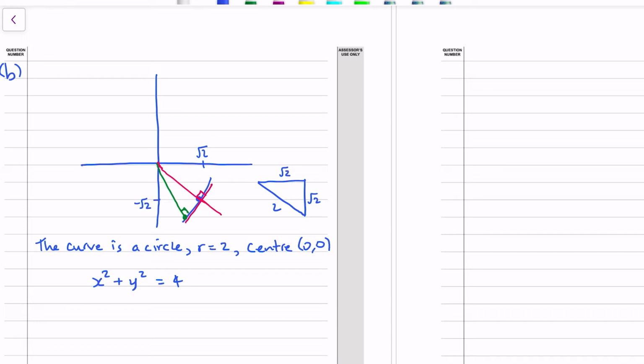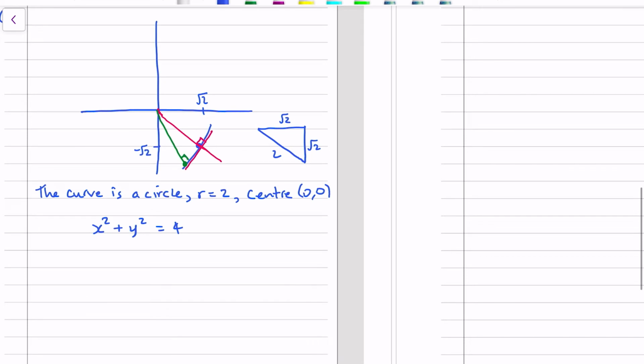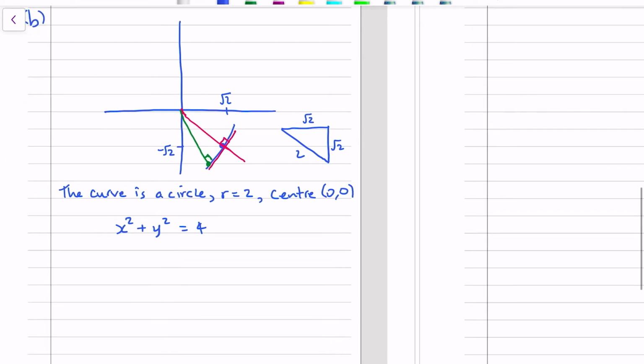Now that's not sufficient to prove that it's a circle. Turns out the circle is the only function that has those properties, but suppose that there was another function that always had a normal going through the origin, then we would want to find it. So what we do is think about a specific point on this curve.